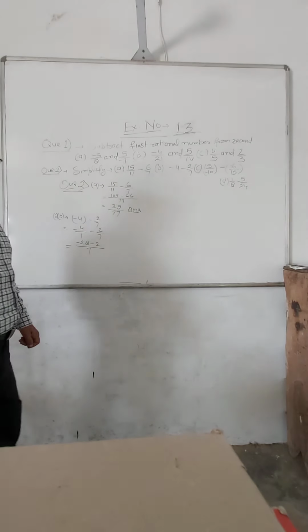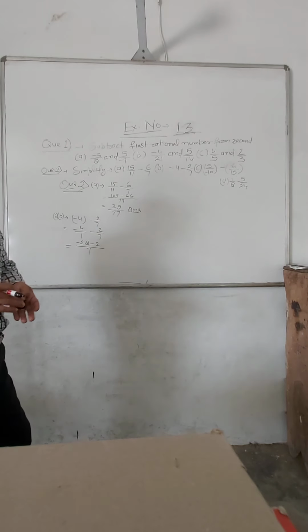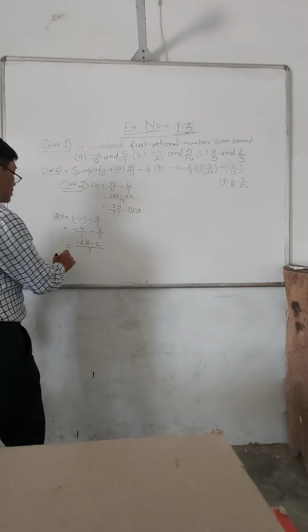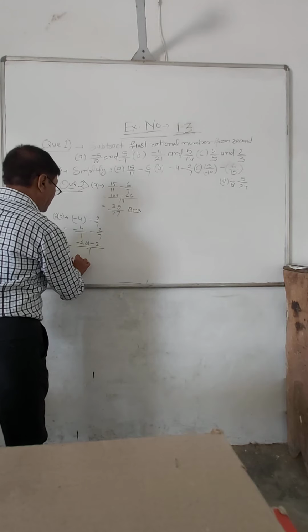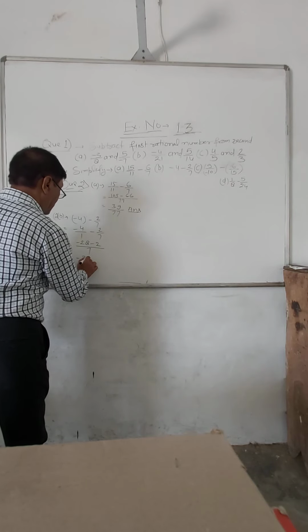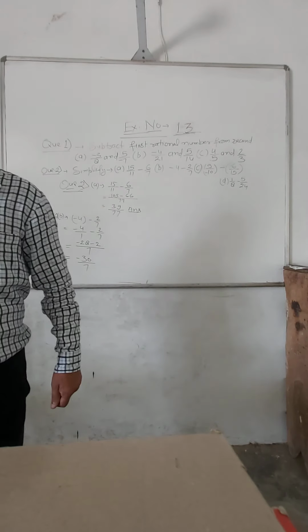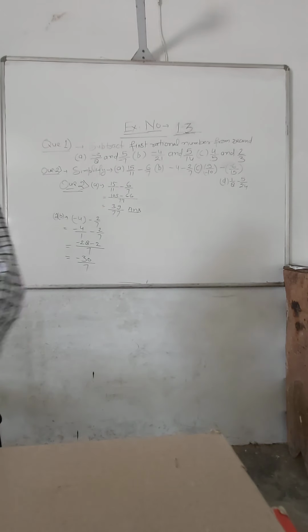Both the numbers are coming negative. So the same sign will always be added and the opposite sign will be subtracted. Both are negative numbers, so we will add them and the sign will be the same. So this will come minus 30 upon 7.